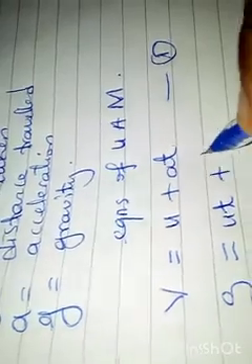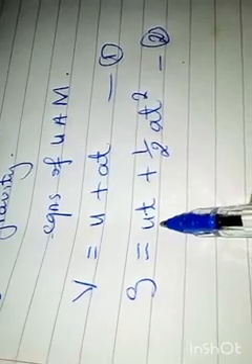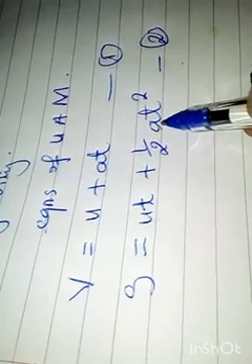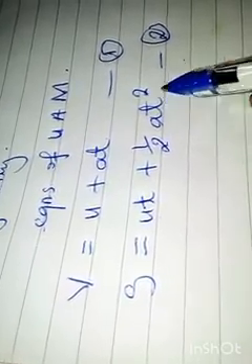Equation 2. S equal to UT plus half AT squared. Equation 2. S, the distance traveled, U, initial speed or initial velocity, T, the time taken, A, acceleration, and T stands for the time taken again.